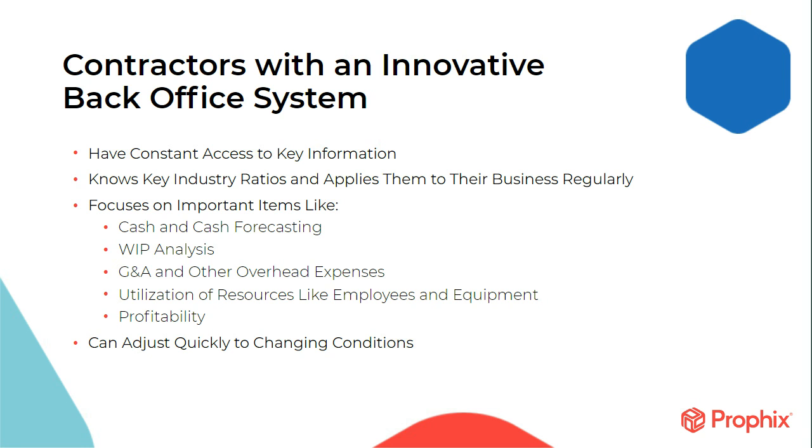Be able to manage your G&A and overhead expenses and keep them in line with revenues and margins. You should also be monitoring resources like employees and equipment to make sure they're being properly utilized. And then you constantly, of course, have to watch the profitability of your company. All of this needs to be able to be done quickly to adjust to changing conditions that contractors always experience, but especially in the year that we've been through this year.